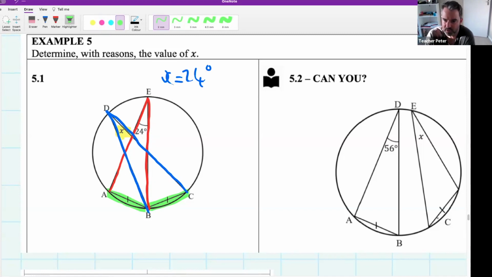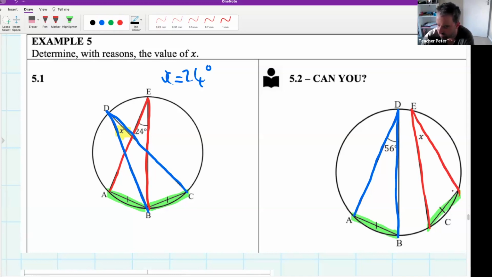Now, a similar example to this is if these are two equal chords and this subtends the angle and this one is this, what is going to be the size of X?